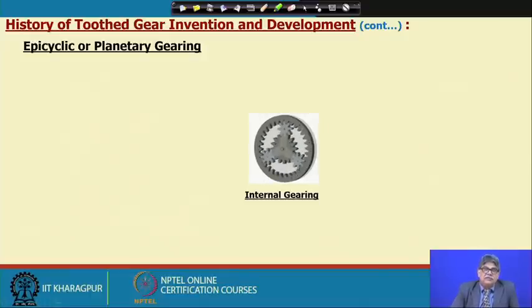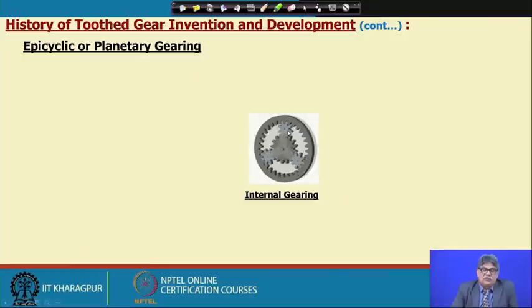Now, it will be the epicyclic gear drive. Epicyclic gear drive or planetary gear drive, these are the planets. These three pinions are called planets. So, the planetary turn is due to the motion of the planets.